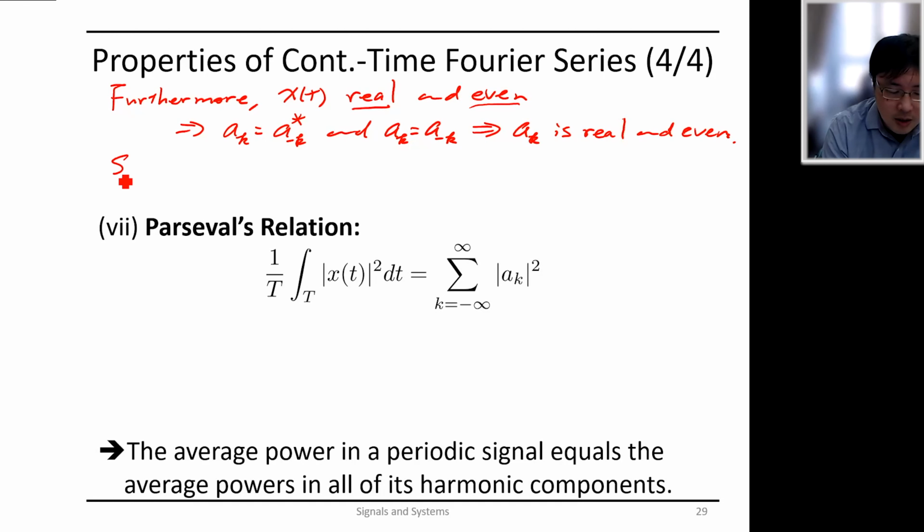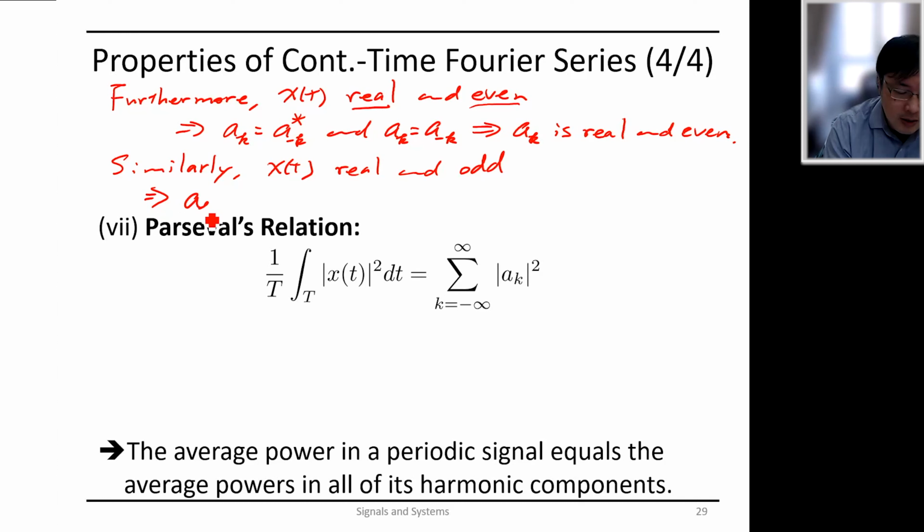Similarly, if you have x of t that is real and odd, then you know that ak is equal to a sub minus k complex conjugate, equal to minus a sub minus k.